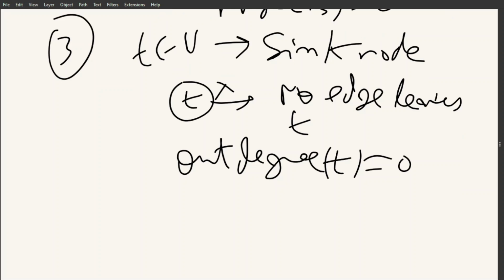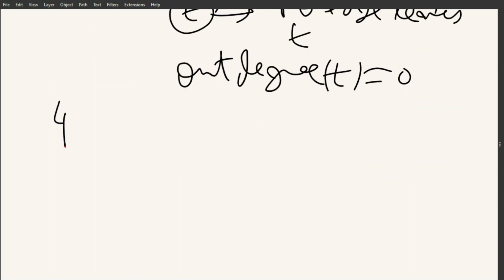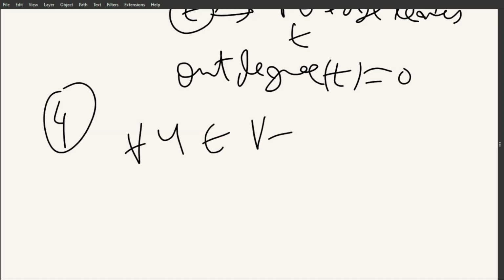Then other nodes are internal nodes, remaining nodes. We can say u for all u belonging to V minus {s, t}. So these are internal nodes.